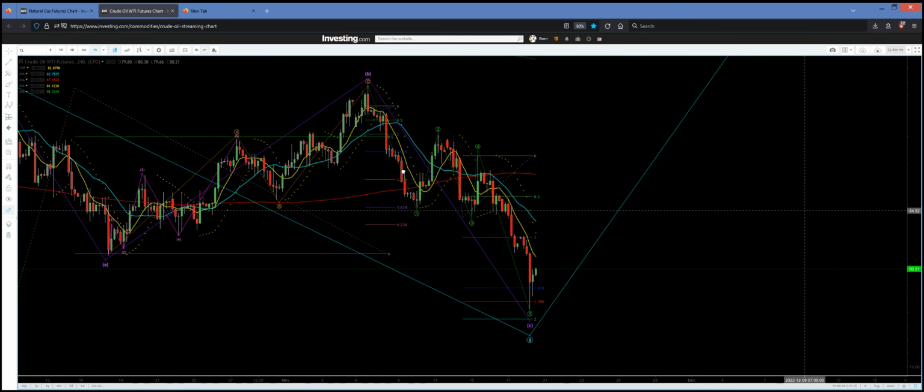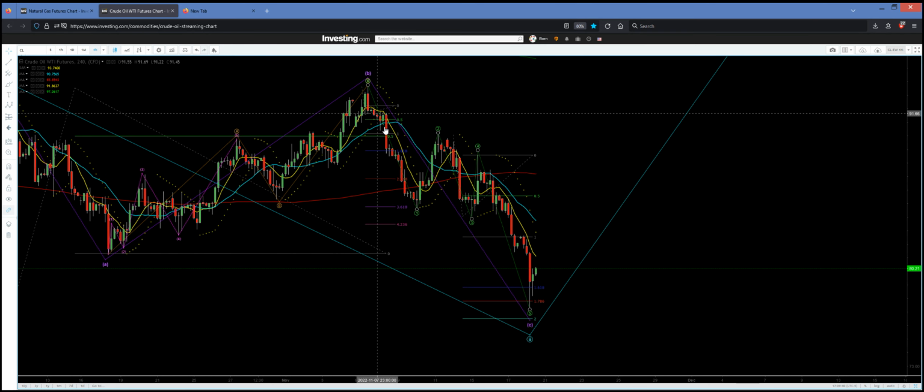Going forward here, let's see if we've actually got, now we've got an ending diagonal with these characteristics of 1, 2, 3, 4, 5. And it's cleverly disguised with this corrective price action in the middle, to be an A, B, C, right?